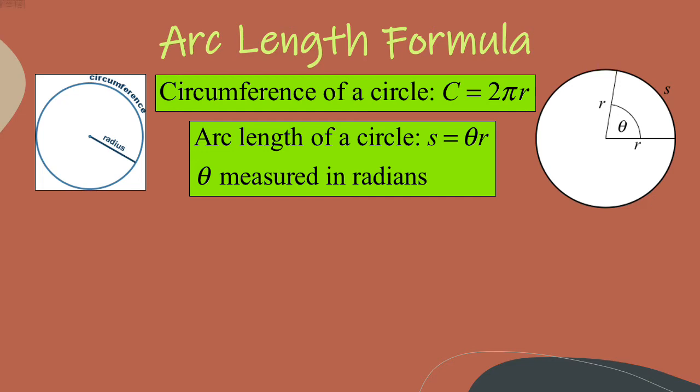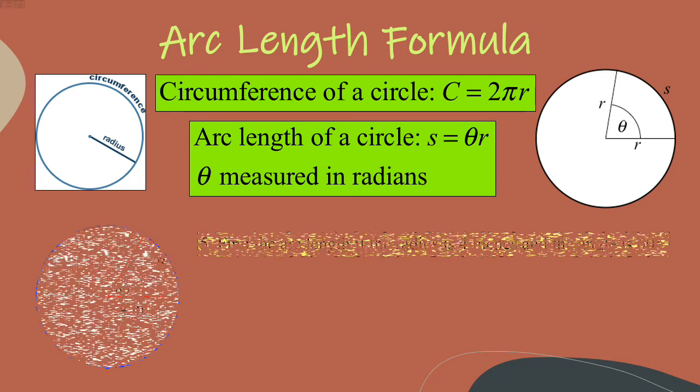So we have the arc length formula that says S is equal to r theta, where r is measured in linear units and theta is measured in radians and S is measured in linear units. This is a simple formula to use, but realize that when you use it, theta must always be measured in radians. If it is not in radians, you must put it in radians.